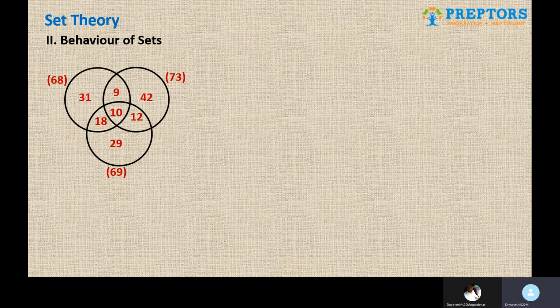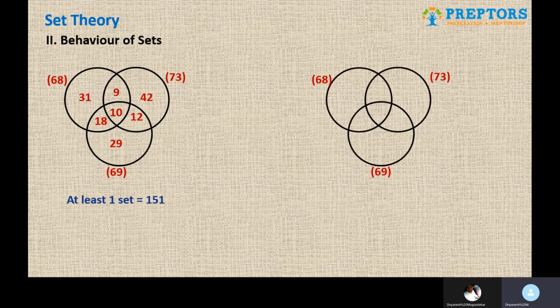Now let's see what change happens if we just change that intersection of all 3 number. For example, in the original data it is 10, the intersection of all 3, and as you can see, at least one set, that is the addition of all the values inside the circle, is in this case 151. Now let's see what happens.